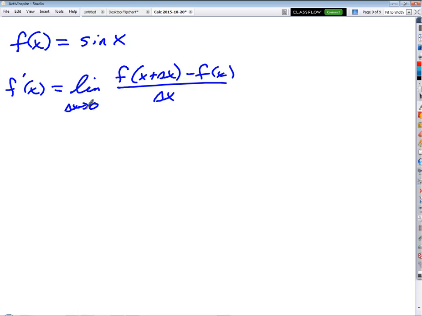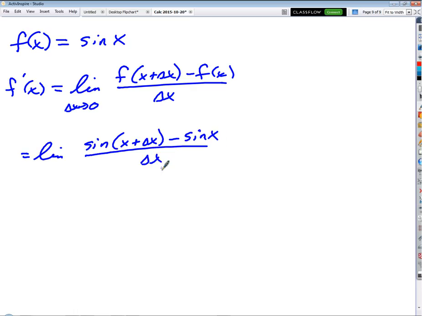Okay, so then if f of x is sine of x, what's f of x plus delta x? Sine of x plus delta x. Okay, sine of x plus delta x minus sine x, over delta x as delta x goes to 0.